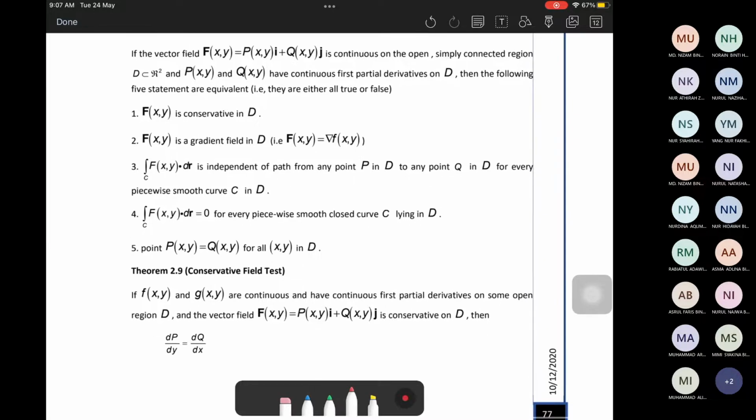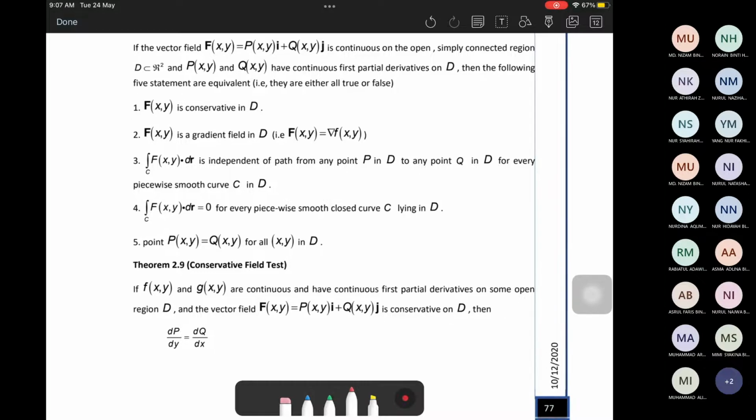Alright. Okay, number 4, the line integral is equal to 0 for every piecewise smooth closed curve. Apa yang maksud sebagai closed curve? P and Q berada di tempat yang sama. Okay. Kalau statement 3 itu adalah piecewise smooth open curve ataupun piecewise smooth curve ialah, daripada P dengan Q berada di tempat yang tak sama.